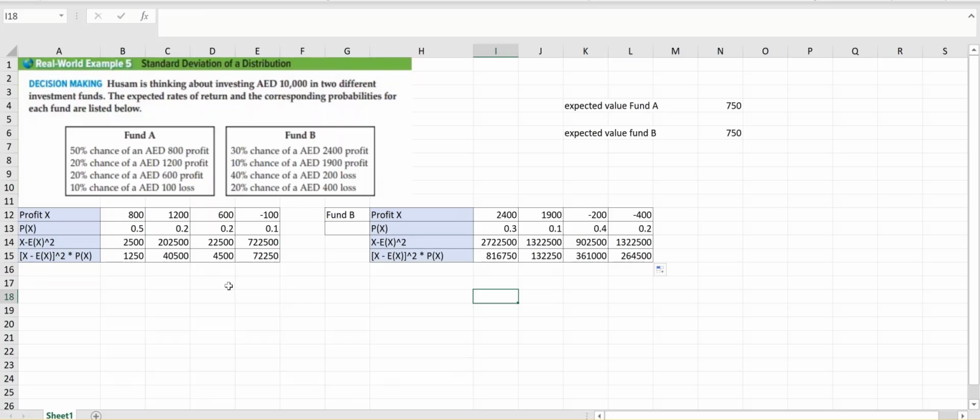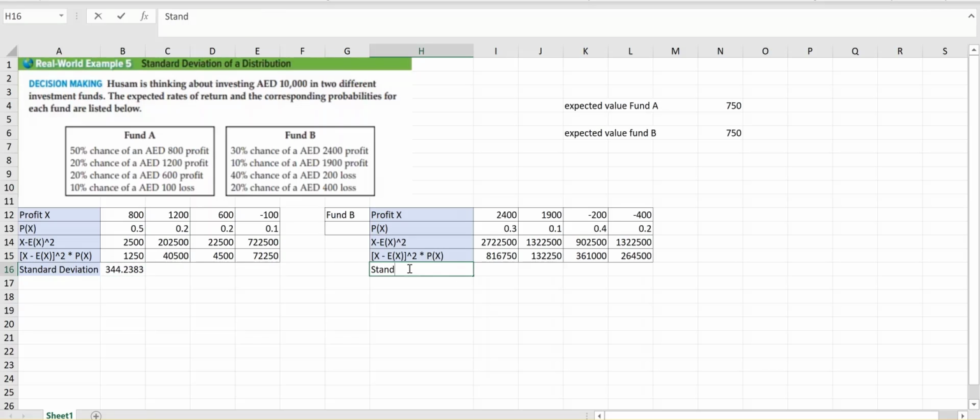The next thing we need is to work out our standard deviation. This is going to be equal to the square root of the sum of our values. The formula here is the square root, open bracket, the sum, and I've highlighted the values I want to use. I'll do that again over here.